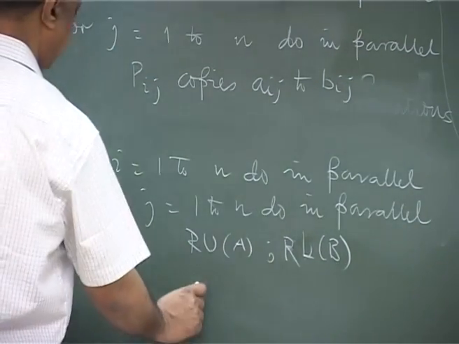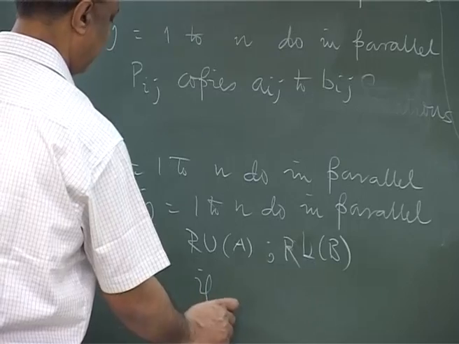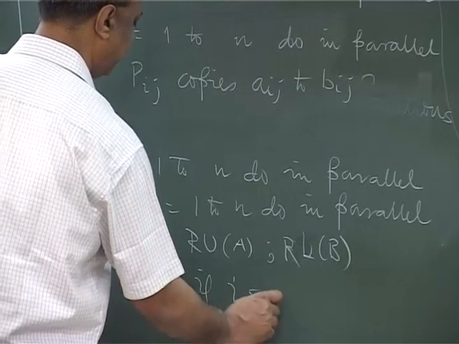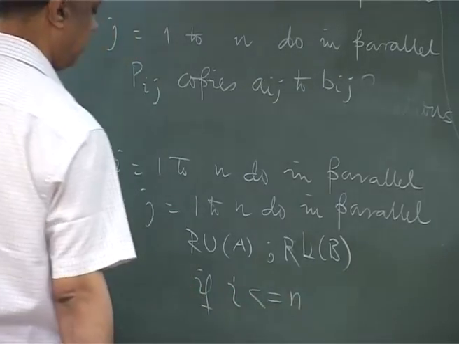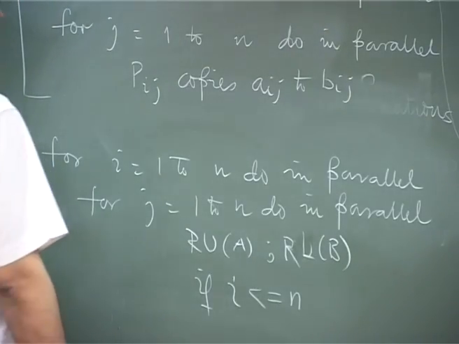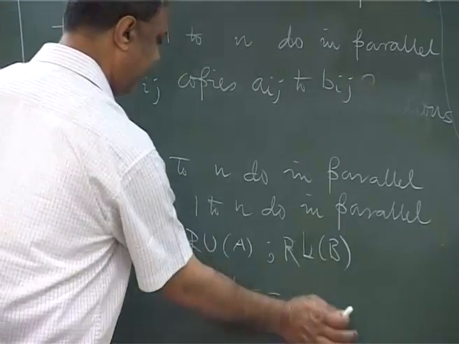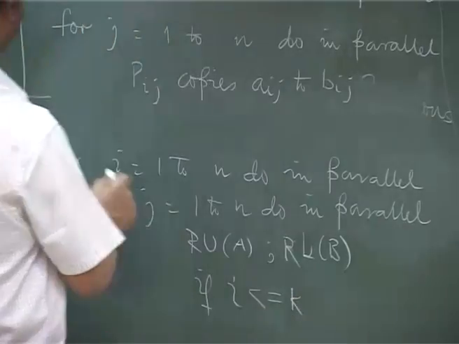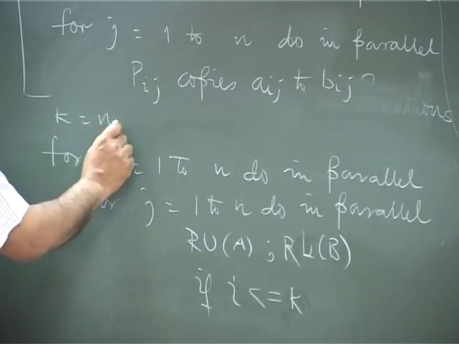Now next you will be writing if i is less than or equal to n, or let us write here k, and here somewhere I write k equals n.